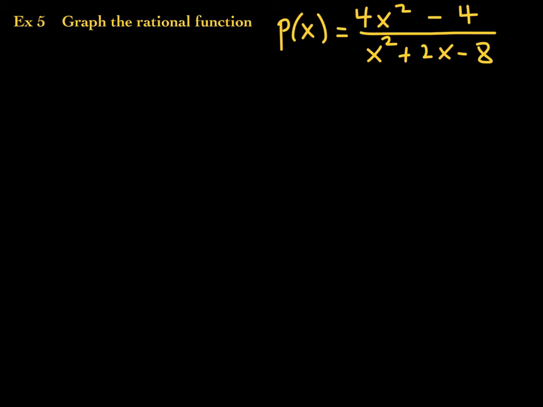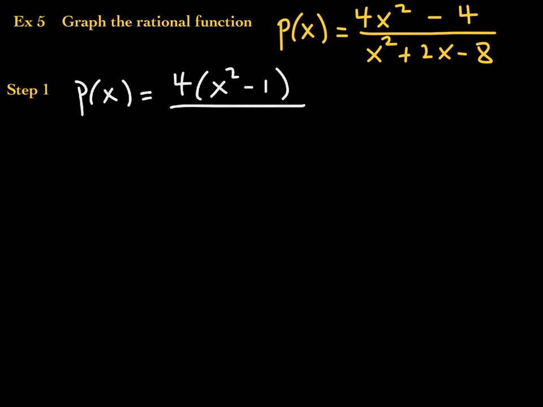All right, everybody, here's a brand new function for us named p. Let's go for step number 1, which is factor. Now, the numerator can be factoring out of 4, leaving you with a difference of 2 squares, and the denominator factors as x plus 4 times x minus 2.